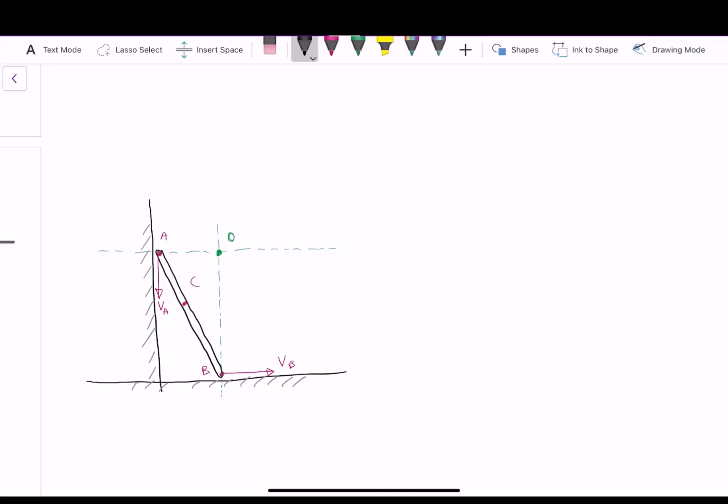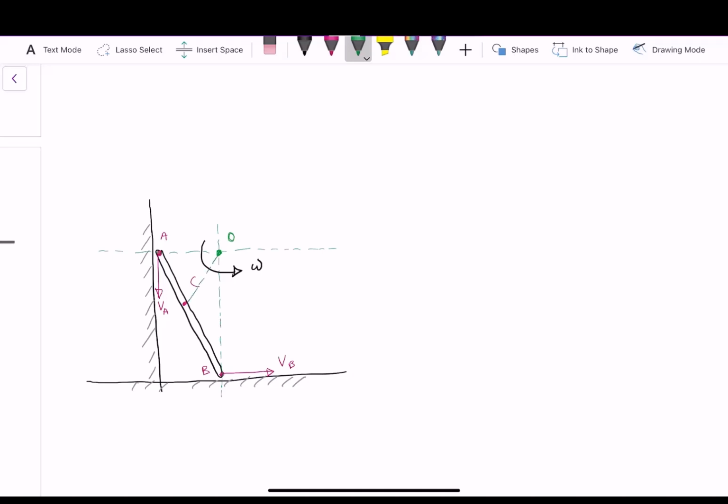So what we're saying is that at this point, it appears that all other points are rotating about this point at that instant. So now the great thing is that we can then draw a radius arm from point O, from that instantaneous center, to any point on the body. So we're going to do that, for example, to point C here.